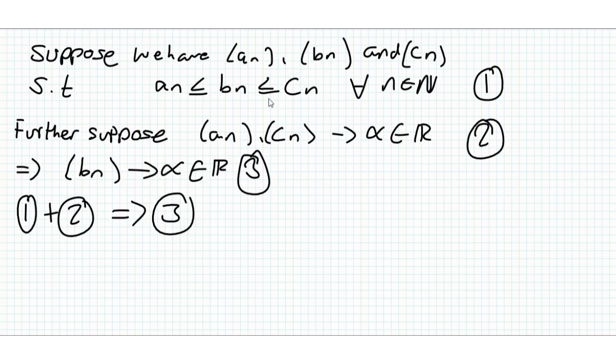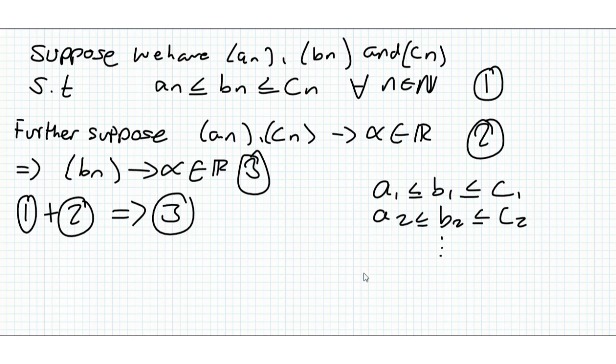So every term in (an) has to be less than or equal to the corresponding term in (bn), which has to be less than or equal to the corresponding term in (cn). So a1 is less than or equal to b1, less than or equal to c1, a2 less than or equal to b2, less than or equal to c2, and so on, all the way up to an less than or equal to bn less than or equal to cn, and it goes on forever.